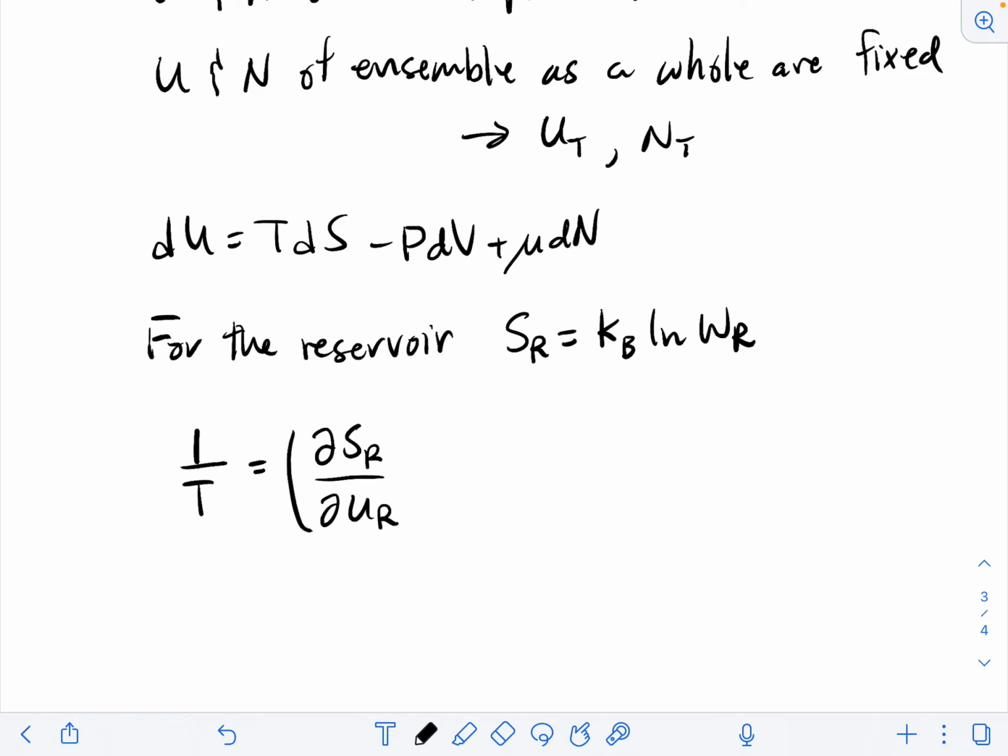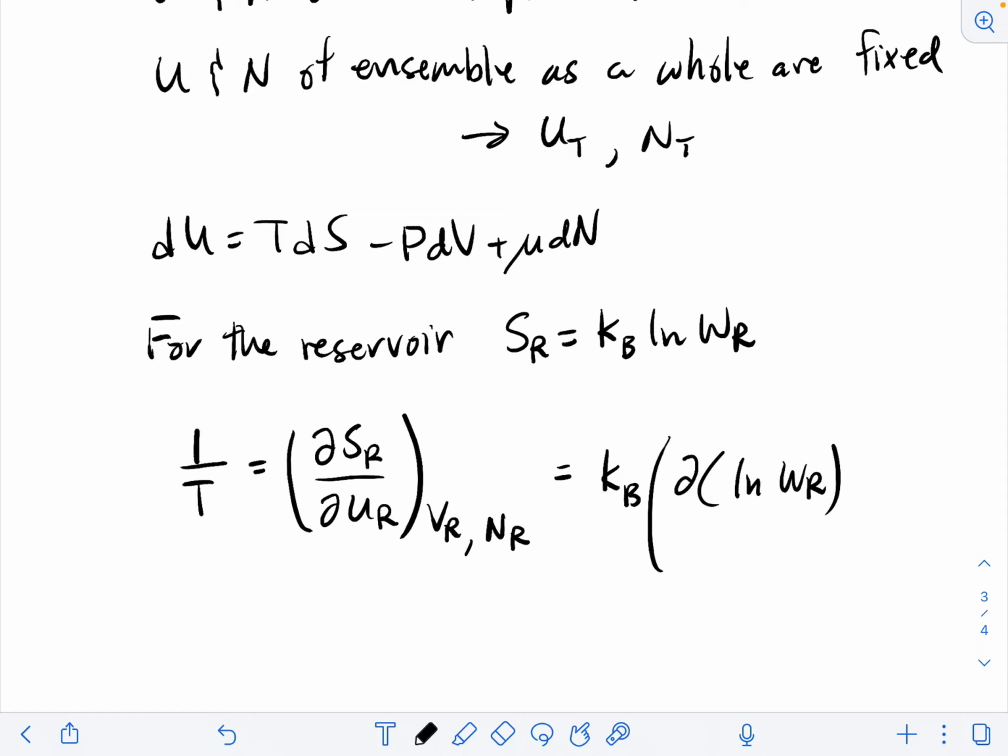And this is true if we hold the volume and particle number of the reservoir fixed. So then that is Kb d ln Wr dUr at fixed volume and particle number, just substituting in for the entropy Kb ln Wr.